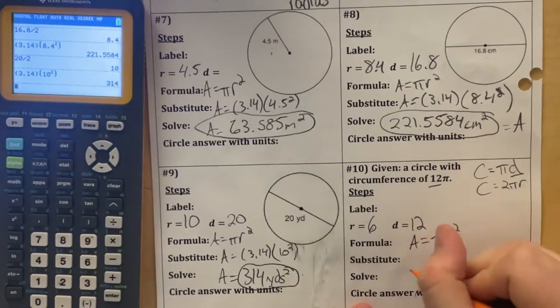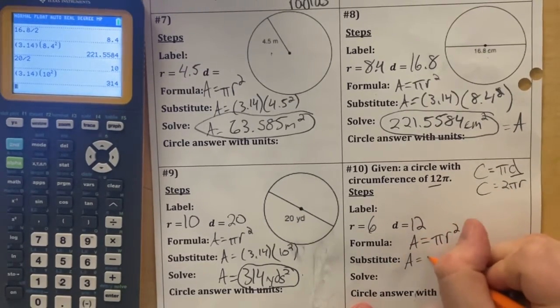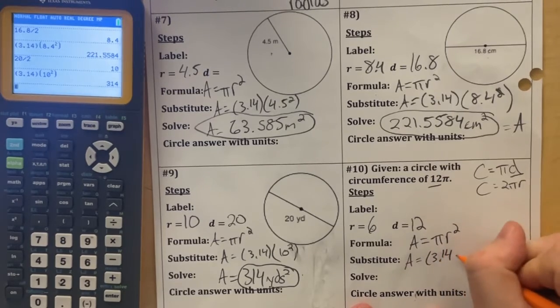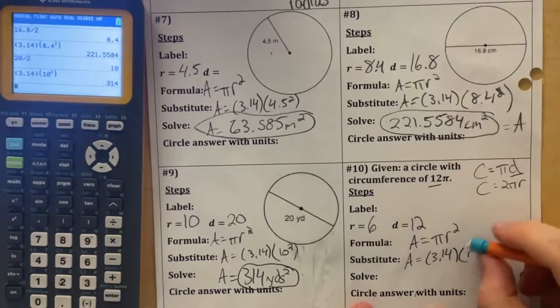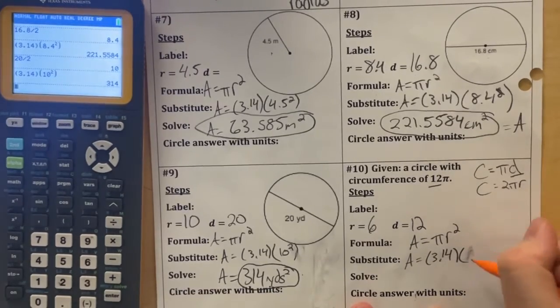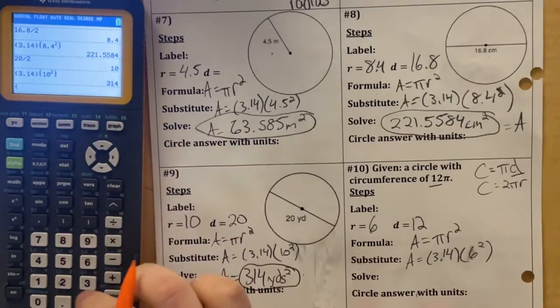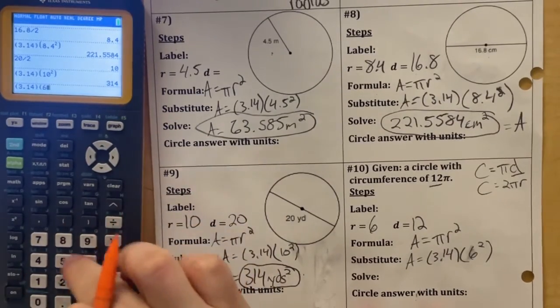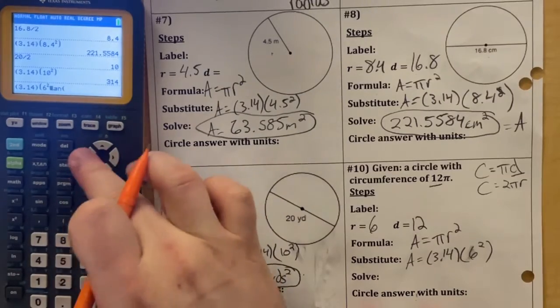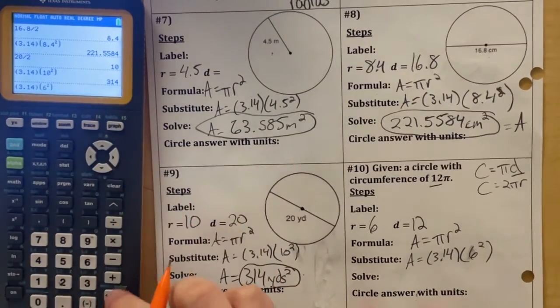We said 6 is our radius, so we substitute in our values for our variables. And so we have 3.14 times the radius, make sure we're writing values, which is going to be 6 squared. Multiply it out, 3.14, and we have 6 squared, not that, but that.